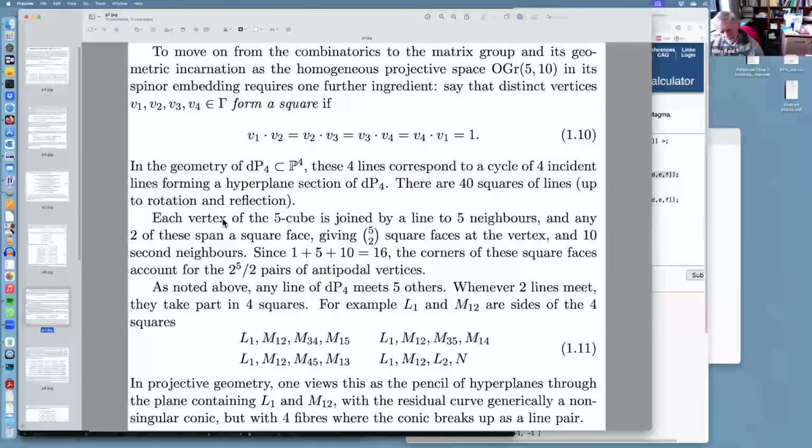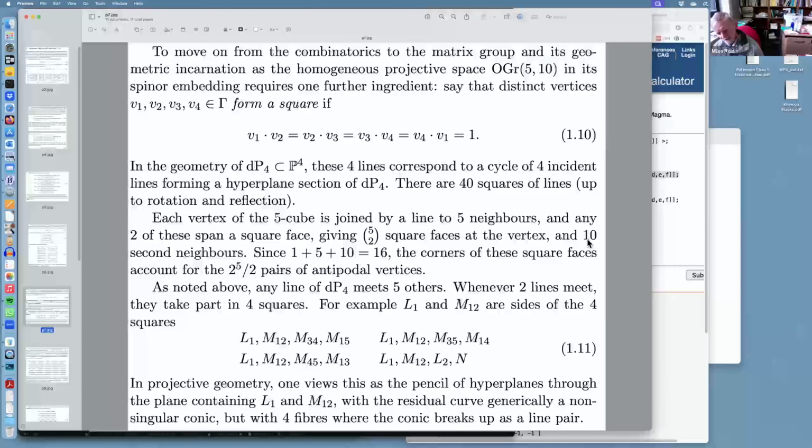And if I've got 2 neighbors, I start from one vertex and I go along axis 1, and then I go along axis 2. Then those span a square face. Right, so this 5 cube has got 5 choose 2, which is 10 square faces coming out of each vertex, and then 10 second neighbors.